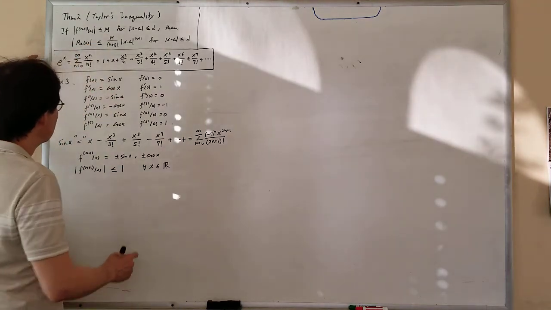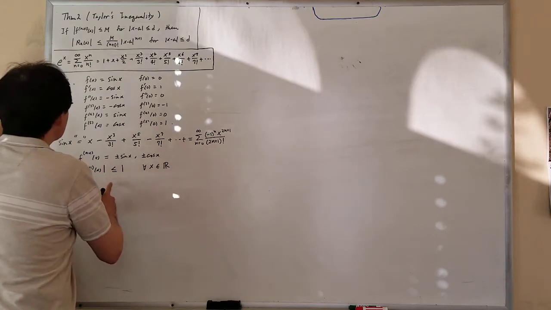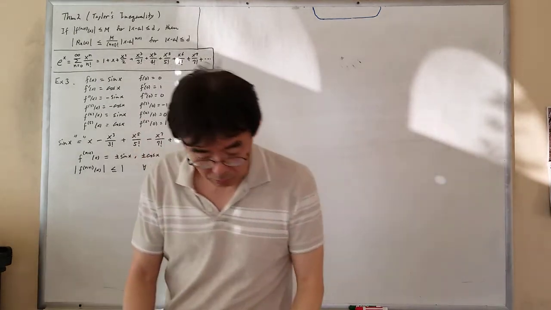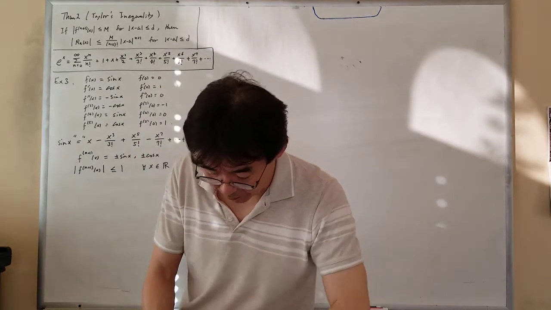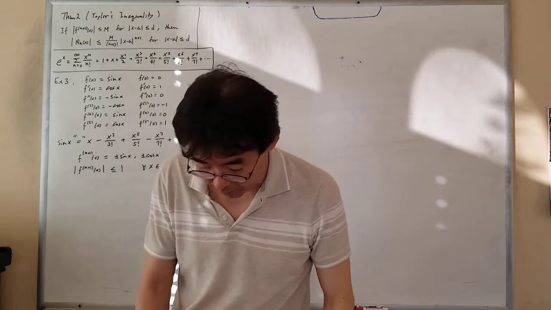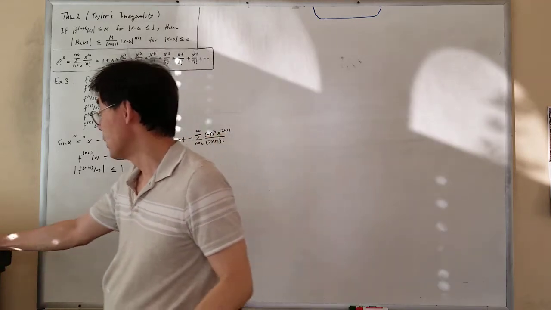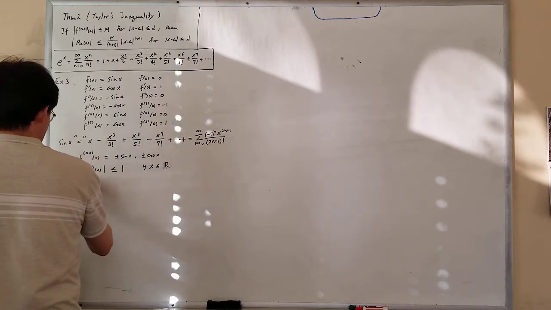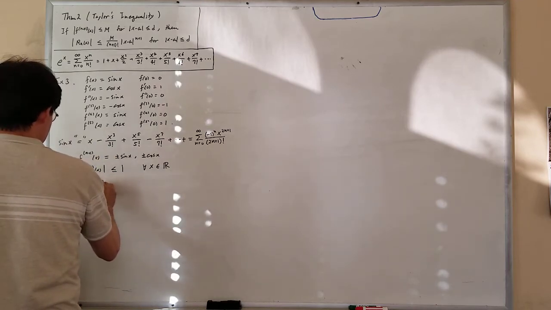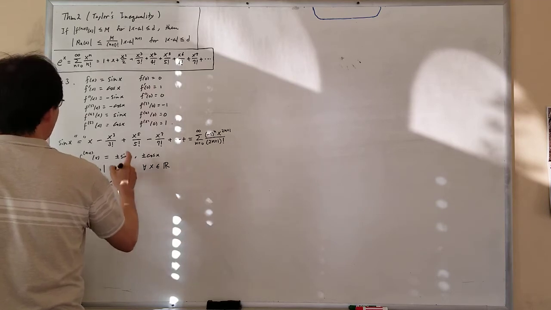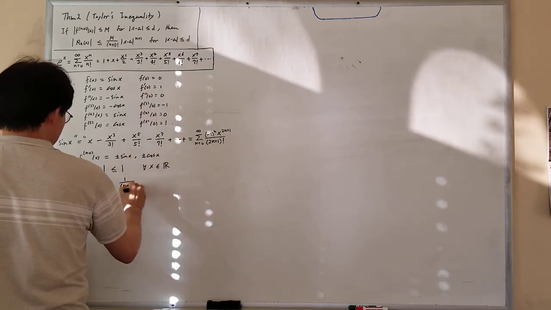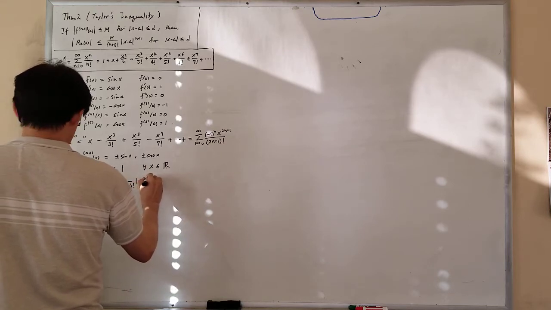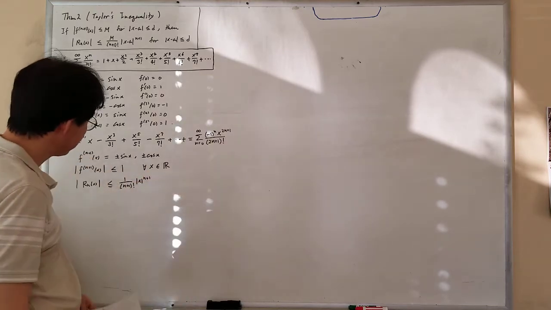Then, according to this, what is it? Where did I show it? Oh, here. So our remainder R_n of x is less than or equal to 1 over (n+1) factorial times x to the n plus 1. Okay?